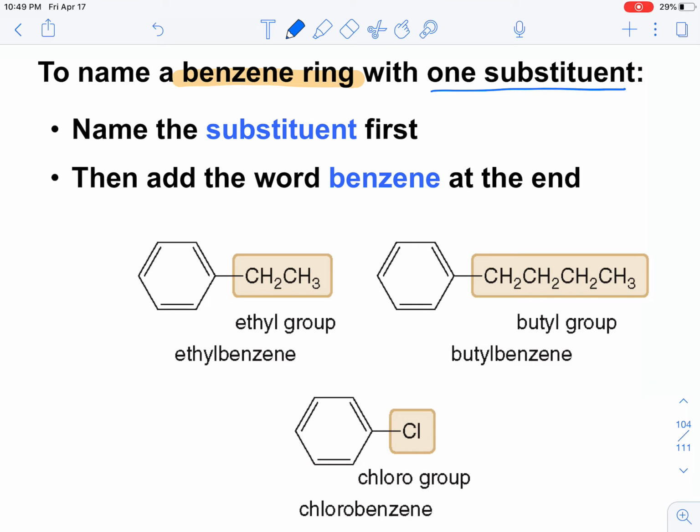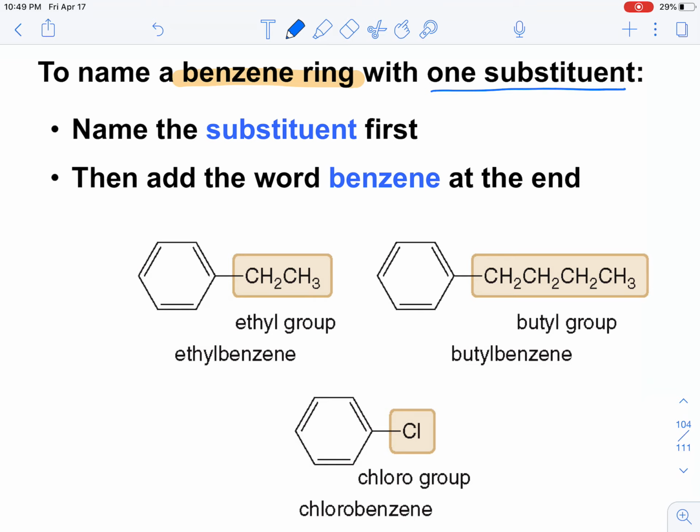It's very similar to what I discussed when we were talking about cycloalkanes. For cycloalkanes, if you only have one substituent, the carbon that substituent is attached to is automatically carbon 1. So we don't need to communicate that to the reader. It's already implied.